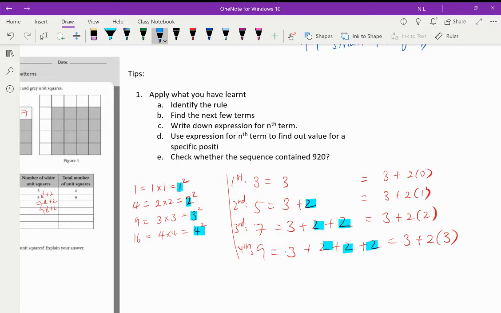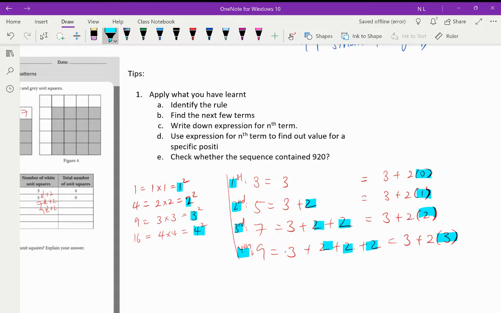What do you notice about the relationship between the figure number and the number of sets of 2 we have? When it's figure 1, I have 0 sets of 2. When it's figure 2, I have only 1 set of 2. When it's figure 3, I have only 2 sets of 2.